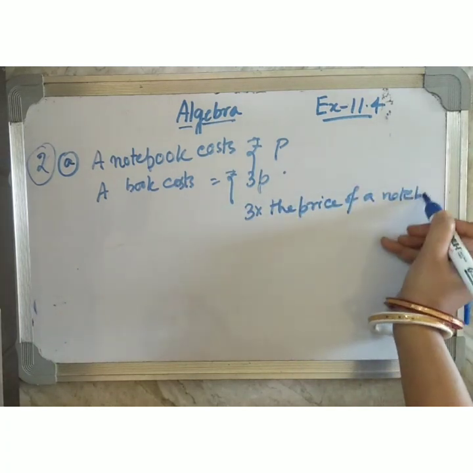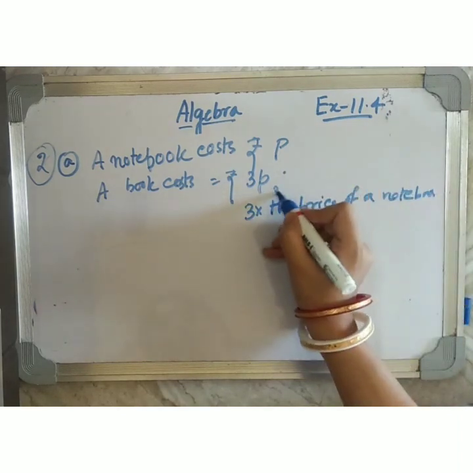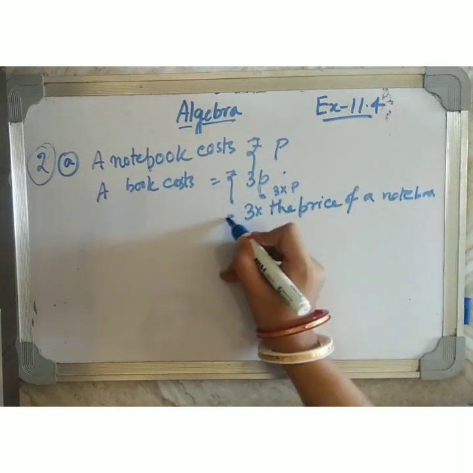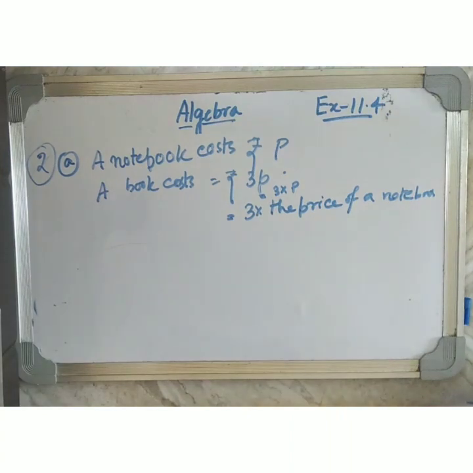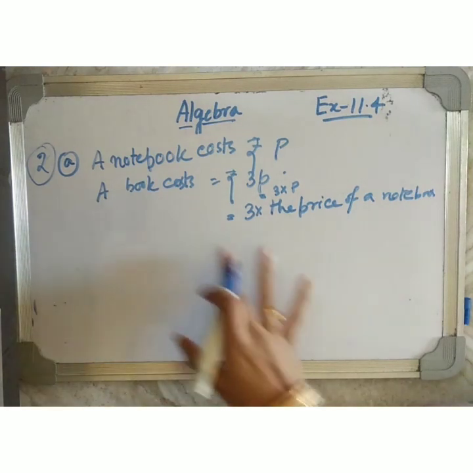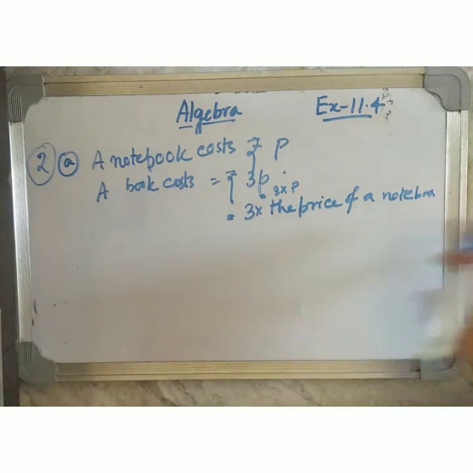Isn't it? So how can we write in ordinary language? The price of a book is 3 times the price of a notebook.